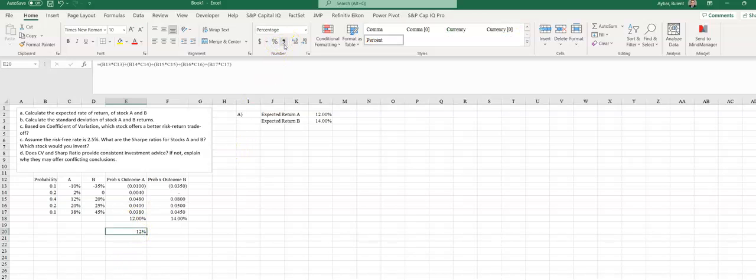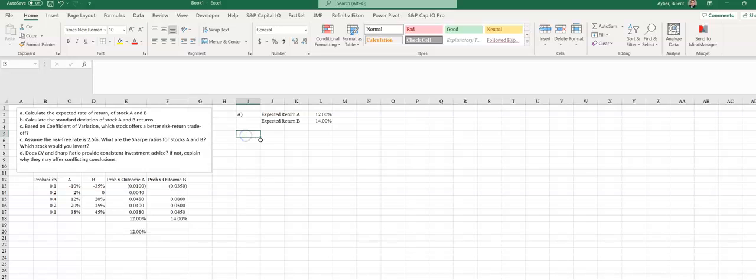This means that the probability weighted average of these returns is equal to 12%, which is the expected return of stock A. I am not going to do the same thing for expected B. I will leave this as it is because it's pretty much the same thing.